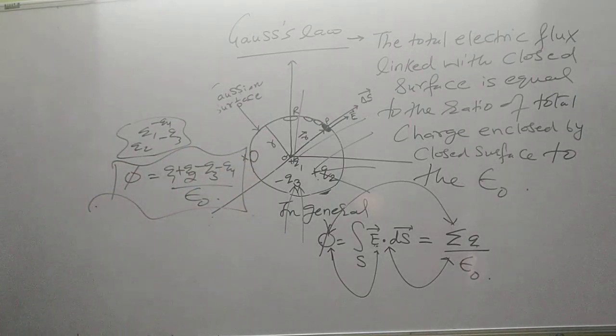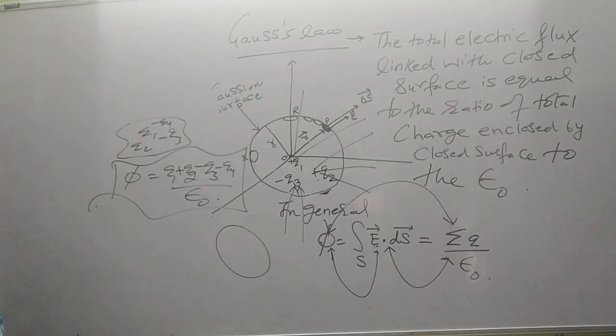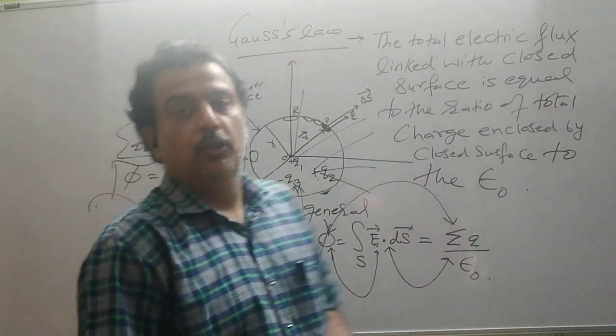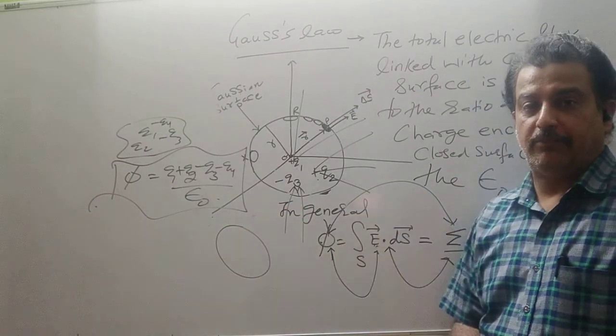Now we have to take only those charges which are enclosed in the Gaussian surface. We will see in the next lecture why you have to consider only charges which are enclosed in the Gaussian surface.